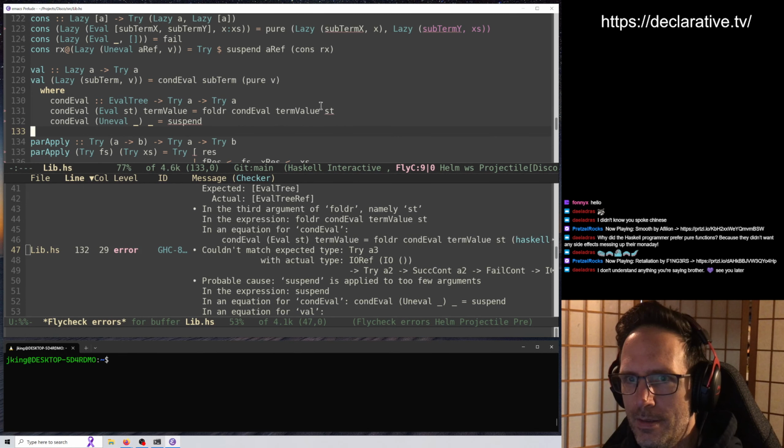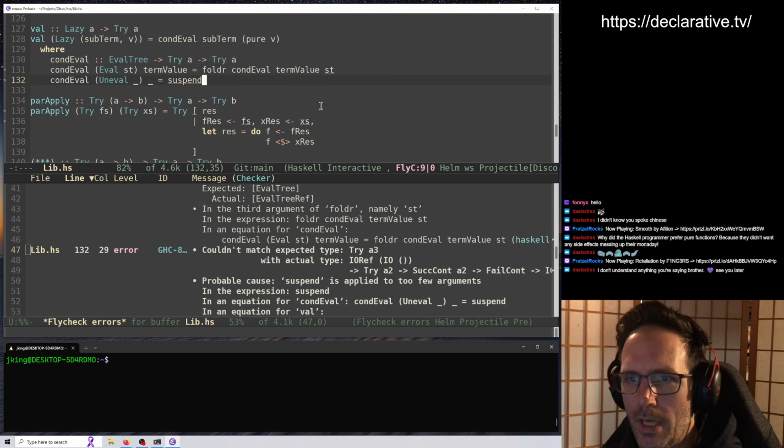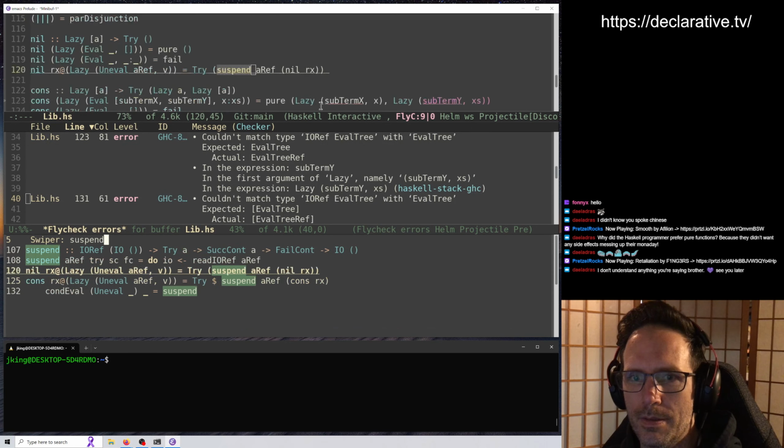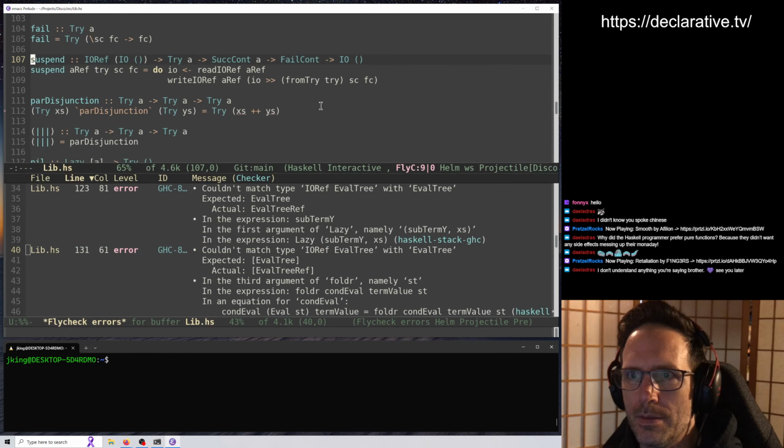Phonics. I like it. Okay, suspend. Suspend takes arguments. Our definition of suspend, it takes a few arguments here. Looks like a continuation, an IREP and a try and a couple of continuations.